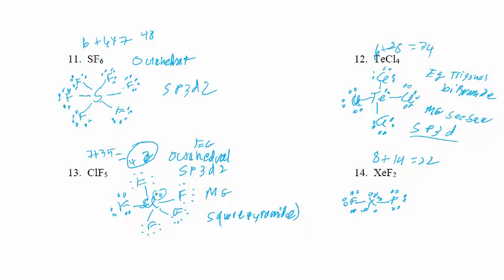So it's 1, 2, 3, 4, 5 electron groups. Trigonal bipyramid. It is 2 atoms, so molecular geometry is linear, and it's sp3d again.